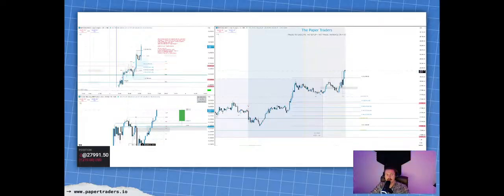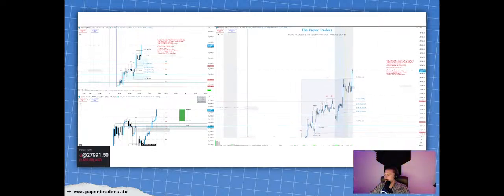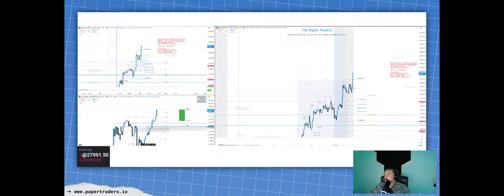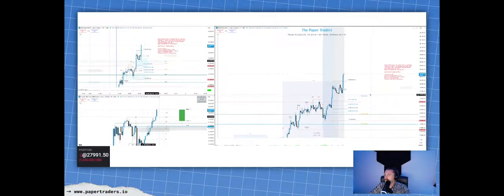See if this 1 minute SFP will provide us with anything there. Doesn't look like it. No retest of previous daily high. No pullback into the OTE there either.